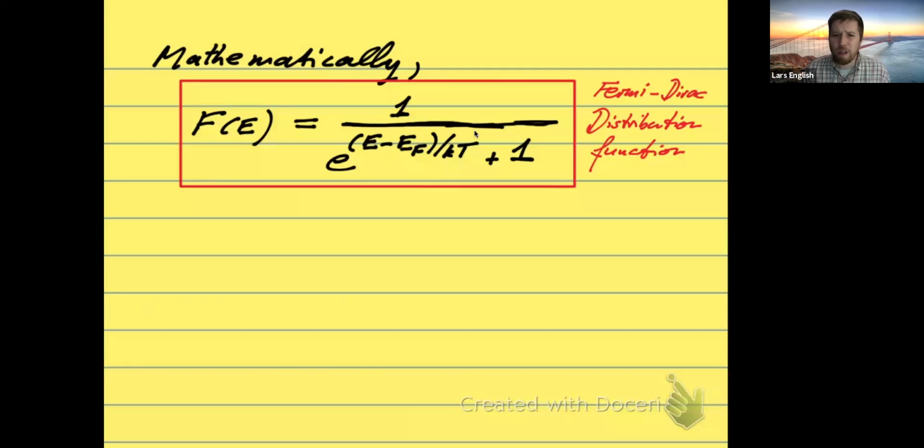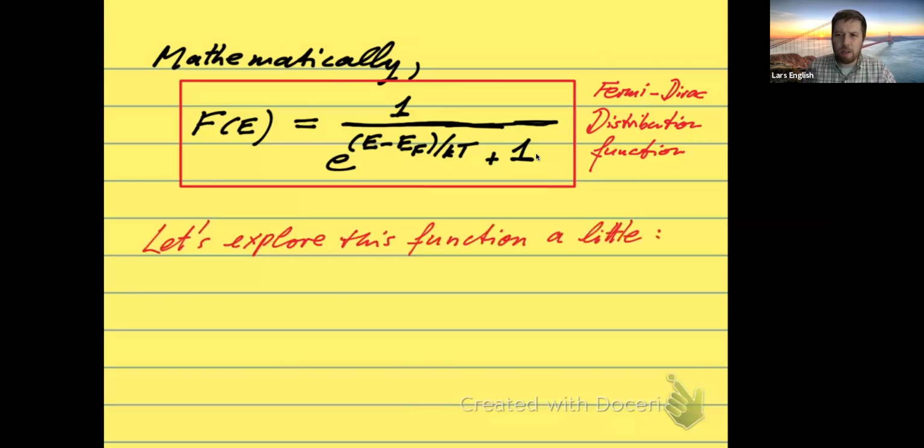And the formula is 1 over this exponential function plus 1. So we could ask, does that really give us the right graph that we saw before? So what I would like to do now is to explore this function a little bit to make sure that it actually makes sense.